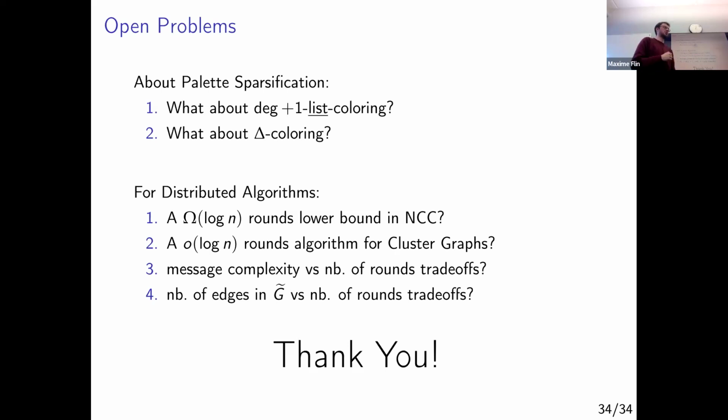You still have problems with the sparse vertices. I don't know how to deal with sparse vertices without a lot of randomness, a lot of independence. Because in this one-shot coloring where you say that sparse vertices get slack, I have no idea how to use less randomness for this.